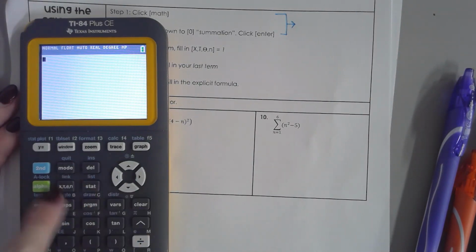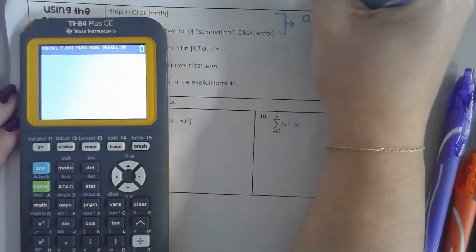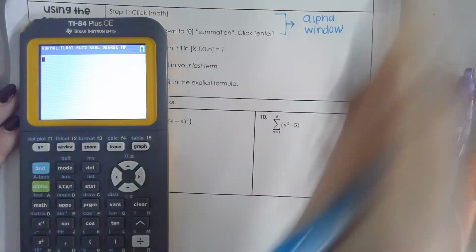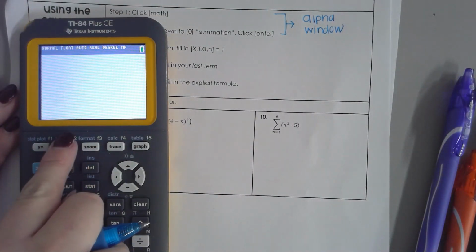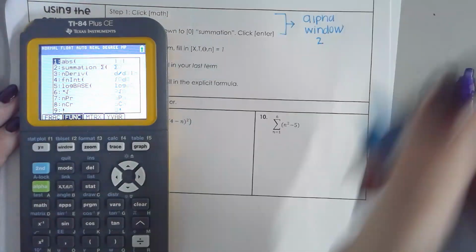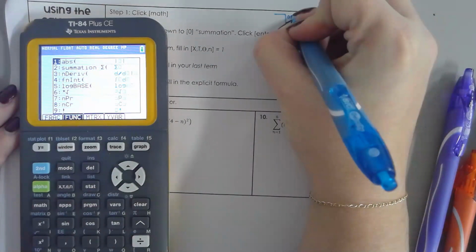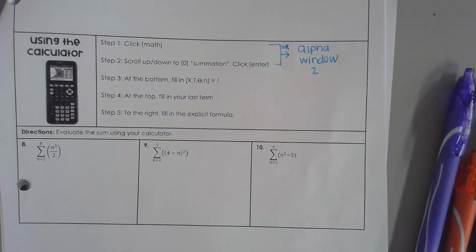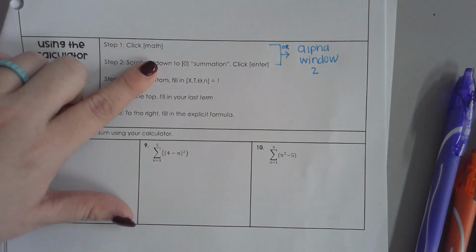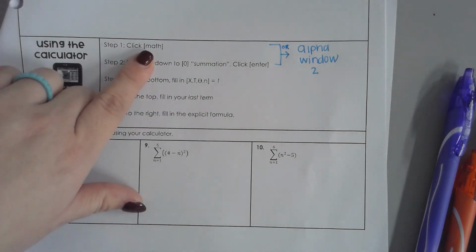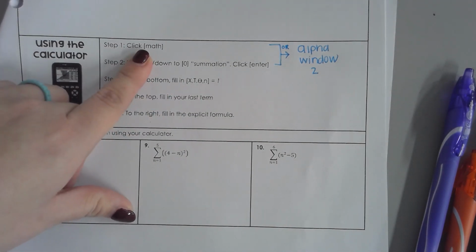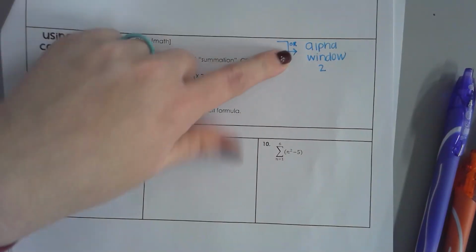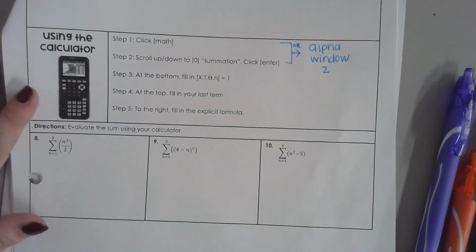Or another way to do it is alpha window. Alpha is the green button. Window is up top, and then number 2. So either or. Just get in the habit of doing one or the other. If you can remember it's 0, and you just hit math 0, you only have to hit 2 buttons. But if you don't remember what number it is and you have to scroll a whole bunch, this way would be faster. Doesn't matter. Just 2 ways of getting there.